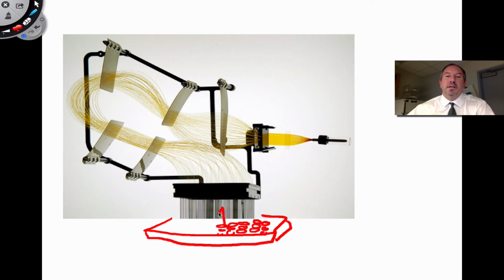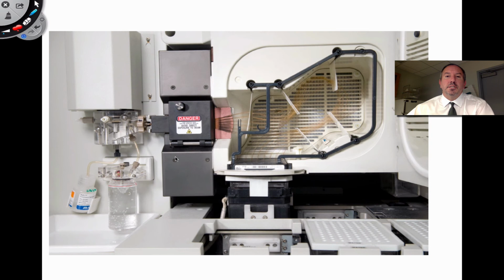The liquid, or these DNA fragments, are then drawn up through these capillary tubes, and it's basically electrophoresis. You're separating them based on size. But what's interesting is there's a laser over here that interprets the fluorescence. And this is what it looks like when you put the capillary tubes into the whole machine.